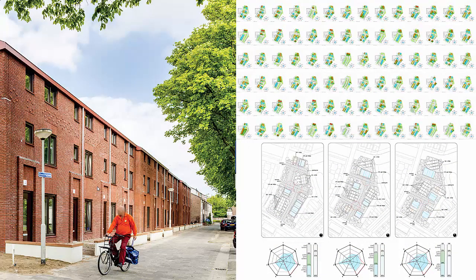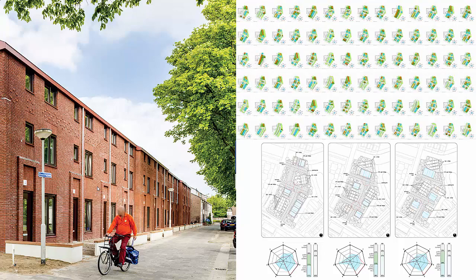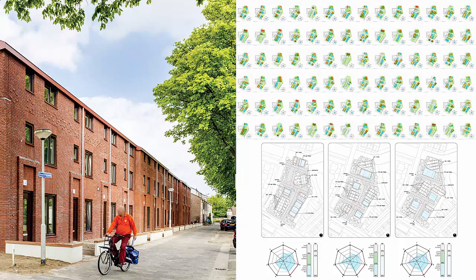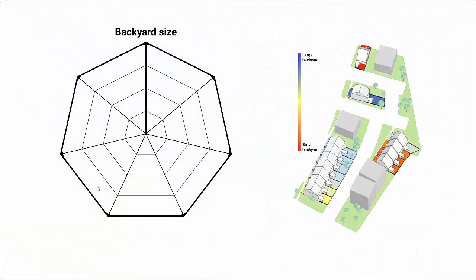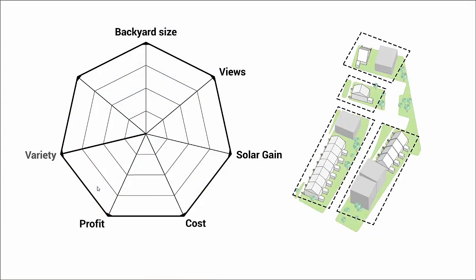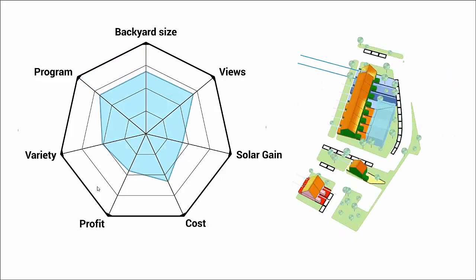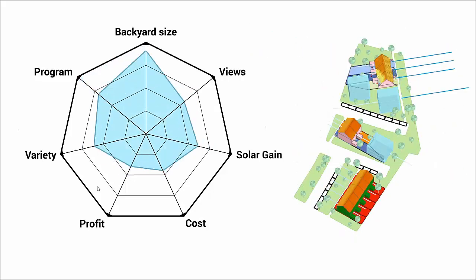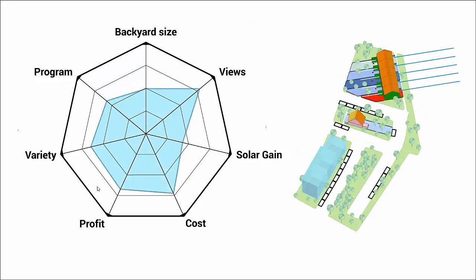So this house builder here is one in the Netherlands called Van Wijngen. They're using a scripting engine as well from our Octo team to look at the best positioning and orientation on a chosen site. This next animation will give you an idea of how it works. This is where we have a number of metrics where we look at the actual site size, the size of the backyard, the views that each house could have, how they're orientated for solar gains, so if you want to put photovoltaics on the roof.